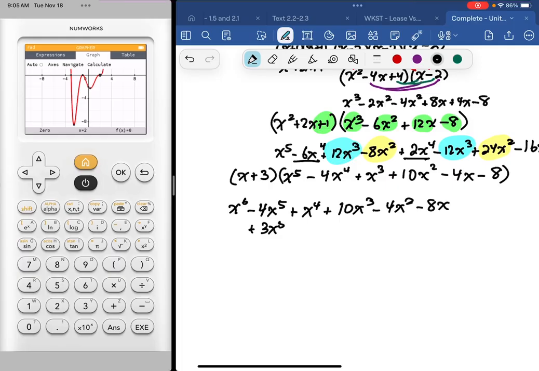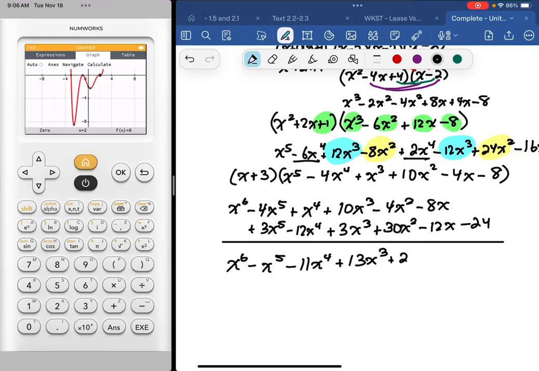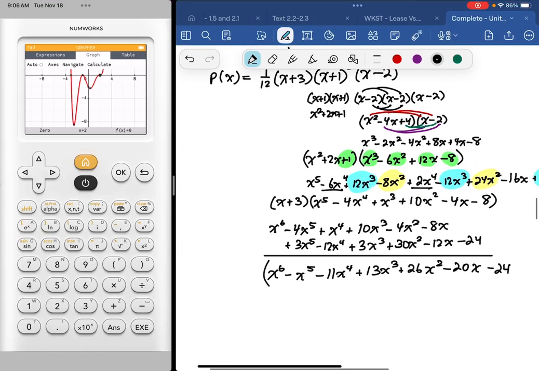So plus 3x to the 5th minus 12x to the 4th plus 3x to the 3rd plus 30x squared minus 12x minus 24. So x to the 6th minus x to the 5th minus 11x to the 4th plus 13x to the 3rd, 26x squared minus 20x minus 24, all multiplied by 1 over 12.